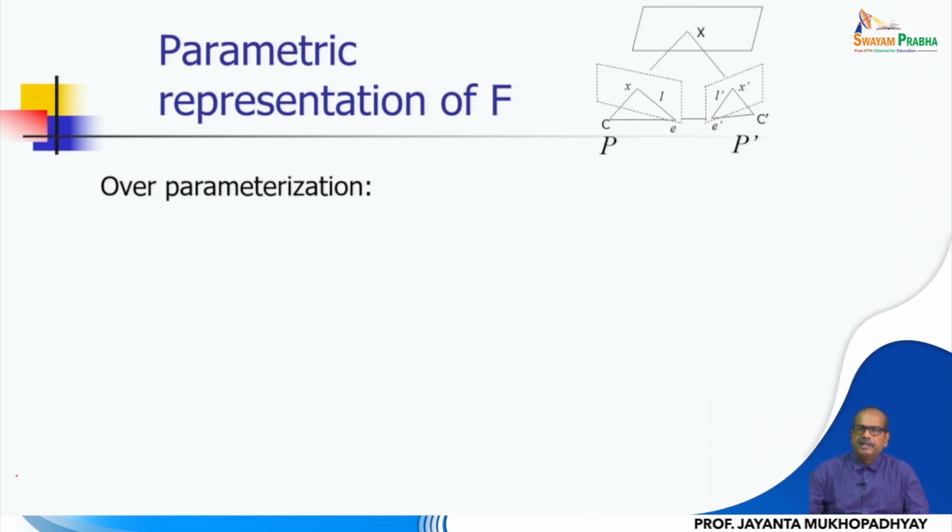Just to briefly recapitulate the stereo system. You know that a stereo system is a system of two cameras which are viewing the same scene. So from your stereo setup, you get a pair of images of the same scene, and one of the cameras is the reference camera.